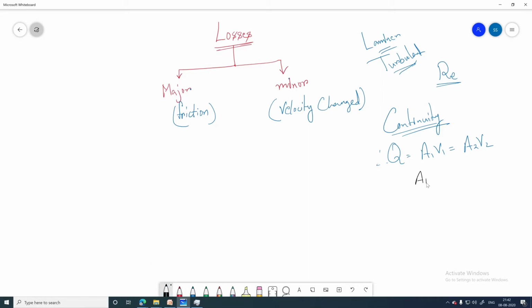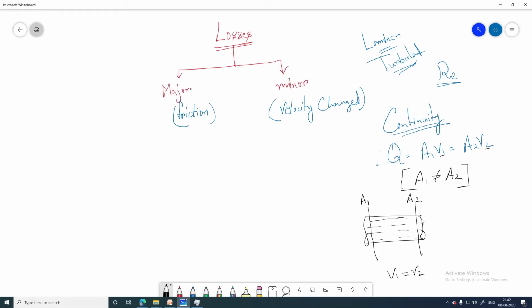If A1 is not equal to A2, then definitely V1 and V2 will also vary, right? So suppose the pipe is something like this, the area in this particular section is A1 and this is A2 and the fluid is flowing like this. Now if A1 is equal to A2, then definitely V1 is also equal to V2.